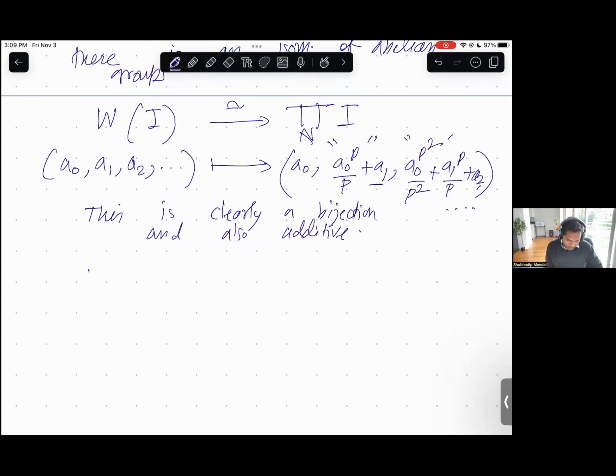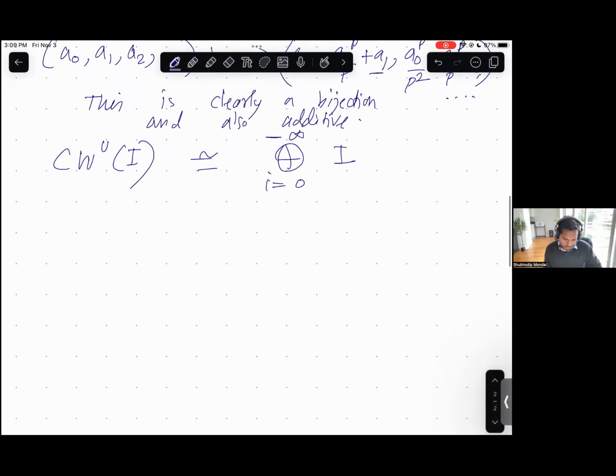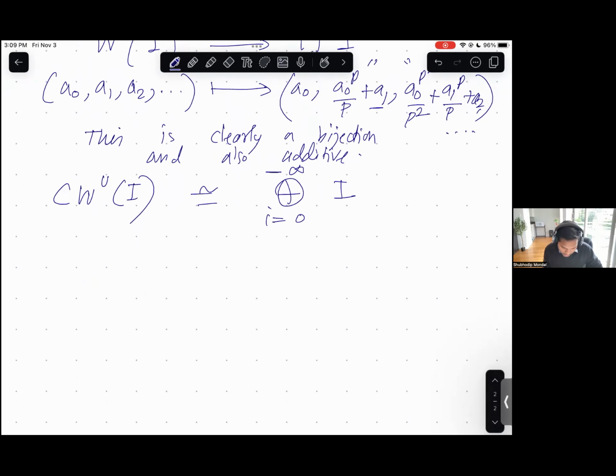If we make these identifications, then we can simplify this CWU as an abelian group and just write it as, and then the coordinates on this side, maybe I'll denote by a different letter. All but finitely many of them have to be 0.